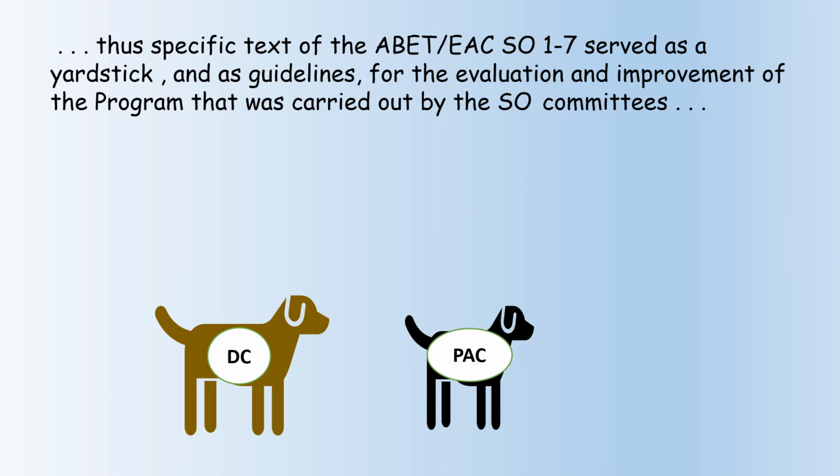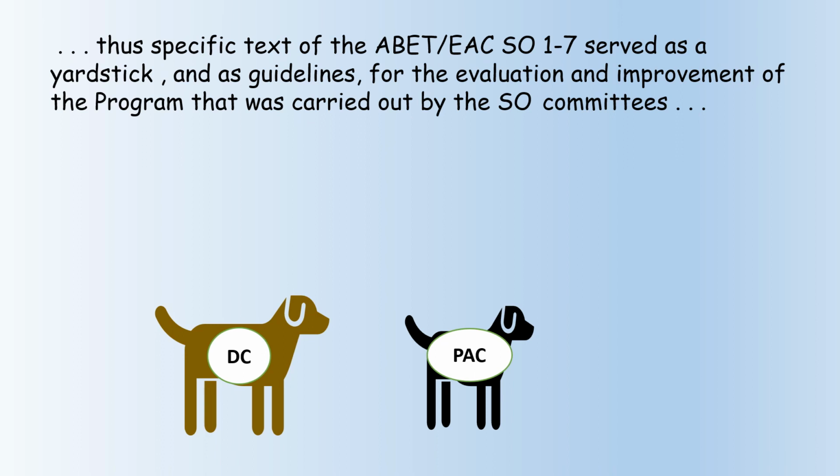So it turns out that the specific text of the ABET student outcomes served as a yardstick and as guidelines for the necessarily iterative evaluation and improvement of the program that was carried out by the SO committees. Recall a complex give and take to implement just the single SO6 program initiative as described above.